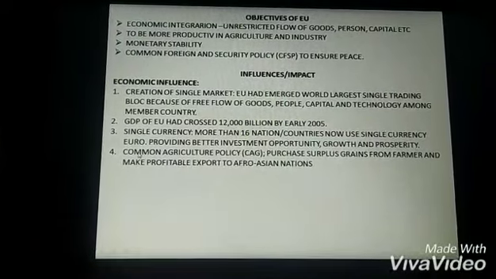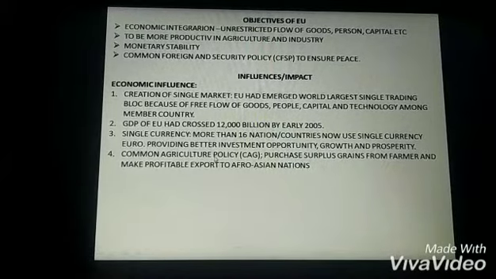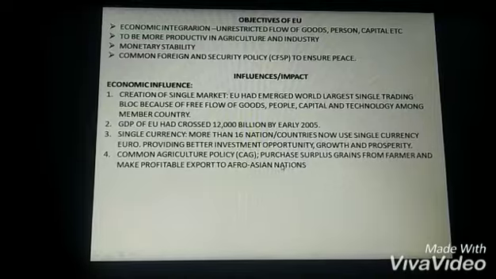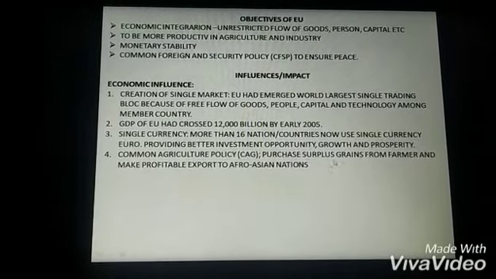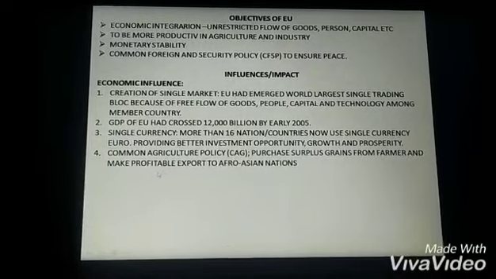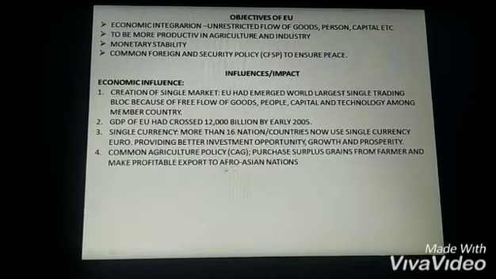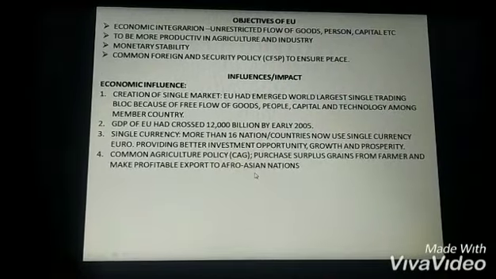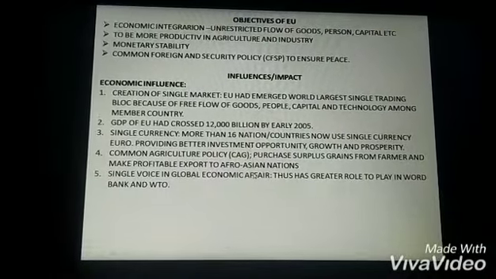So all of them have this common program in agricultural policy, that is to purchase surplus grain from the big farmers, and then export or sell it to the Afro-Asian nations and make a profit out of it.